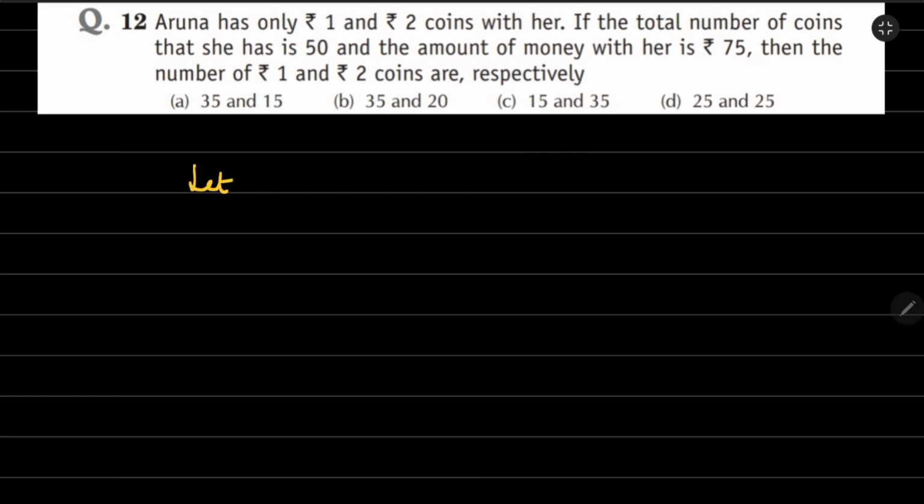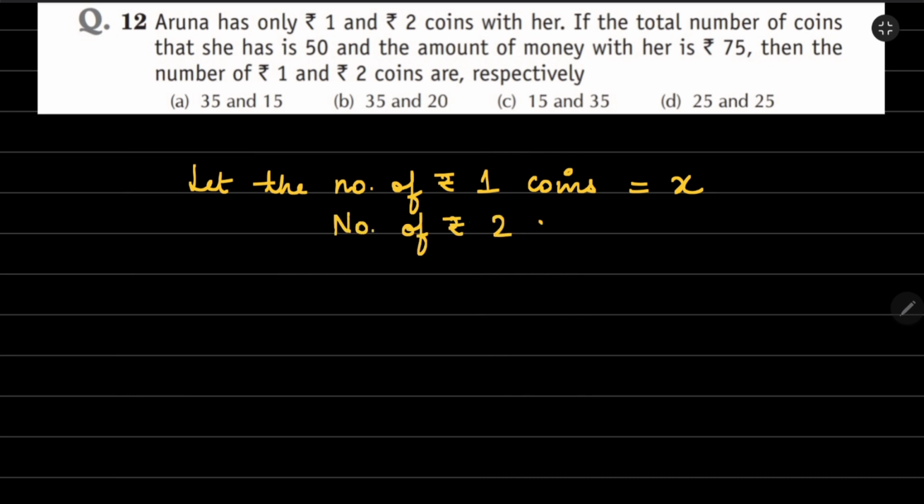Let the number of 1 rupee coins be x, and the number of 2 rupee coins, which we don't know, be y.